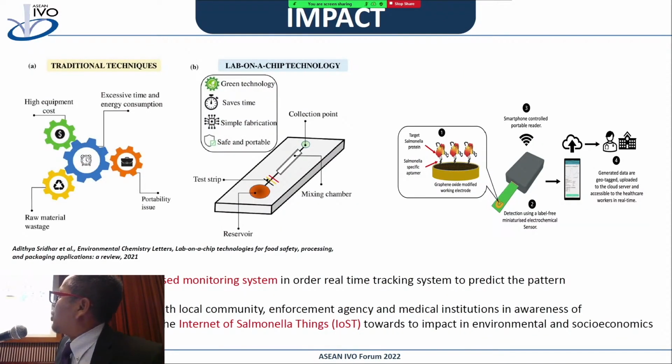So we are able to convert from the traditional technique, that is blood cultures and qualitative data, towards lab on chip, but modified to be lab on printed circuit board, with IoT enabled, so that can be a further improvement with cloud analysis, that means deep learning analysis.